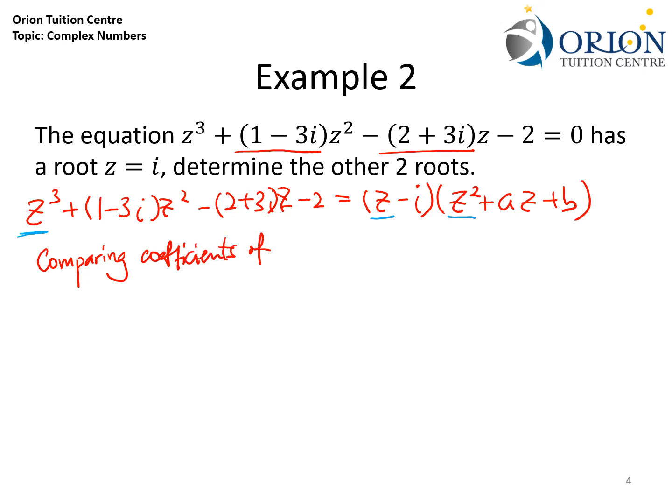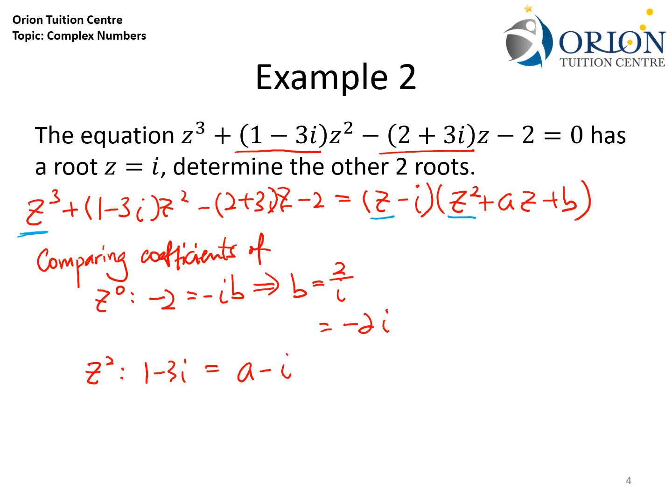If I compare the coefficients of z power 0, which is the constant term, I get negative 2 equals negative ib, which can be simplified into b equals 2 over i, or negative 2i. Next, I will compare the coefficients of z squared, and they will give me 1 minus 3i equals a minus i.